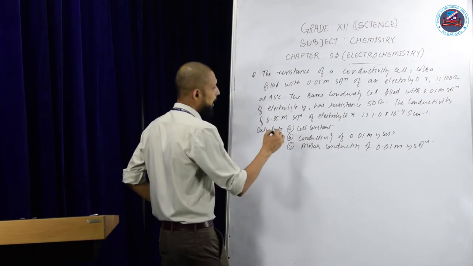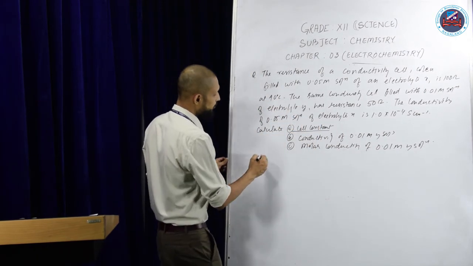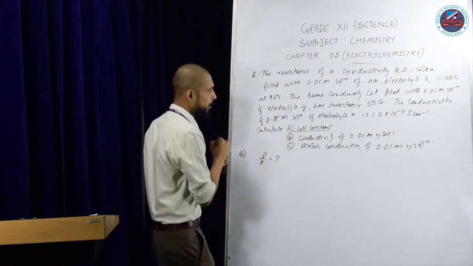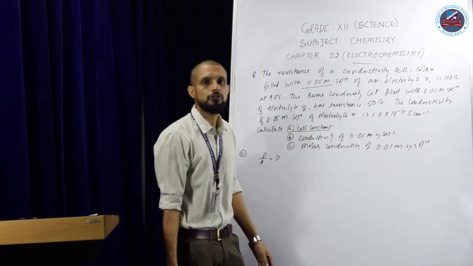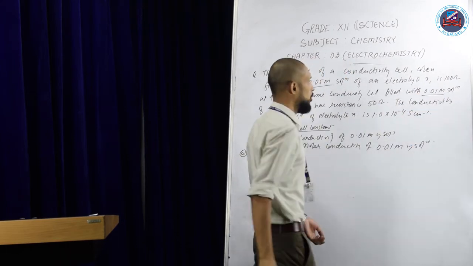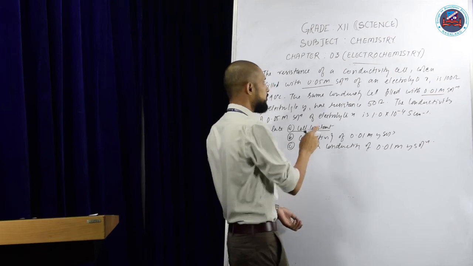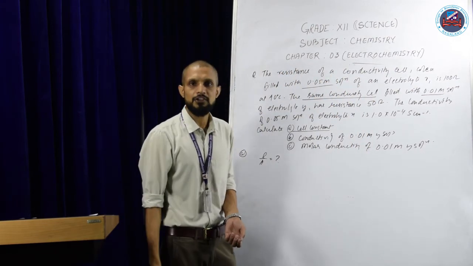So you have to find the cell constant. Cell constant is L by A. Now since there are two different concentrations, 0.05 molar and 0.01 molar, and the resistance is given for both, we use the same conductivity cell.